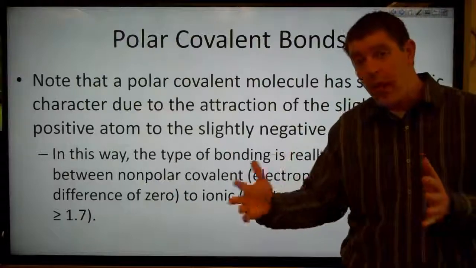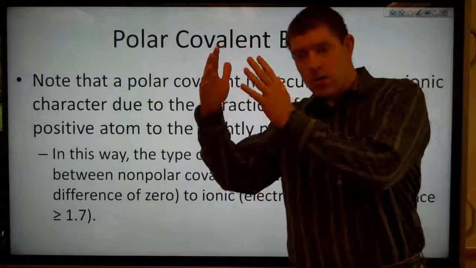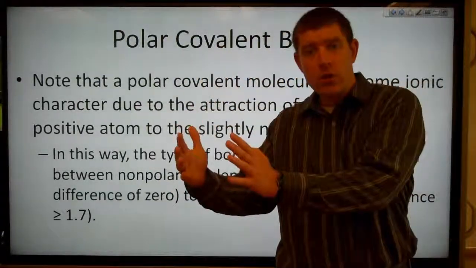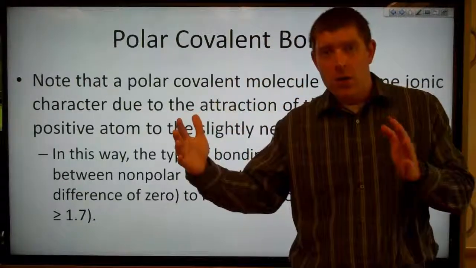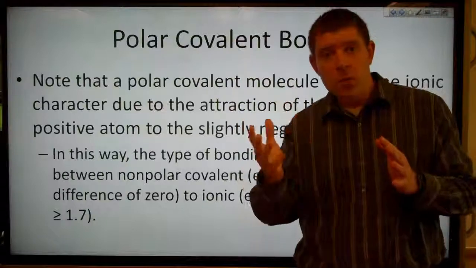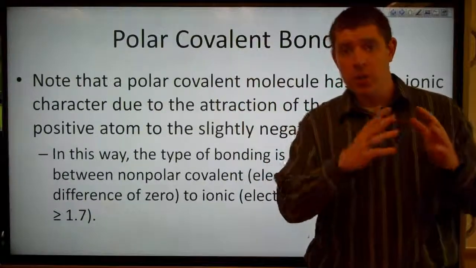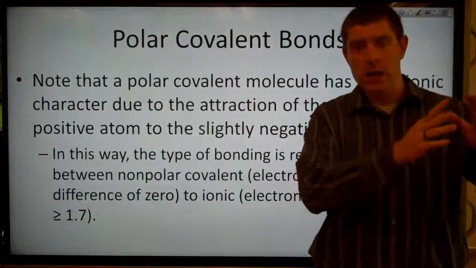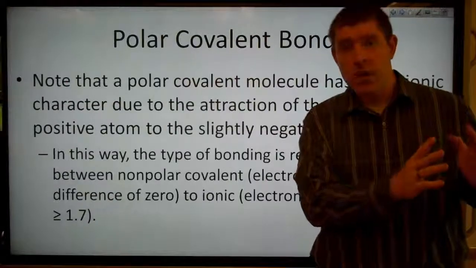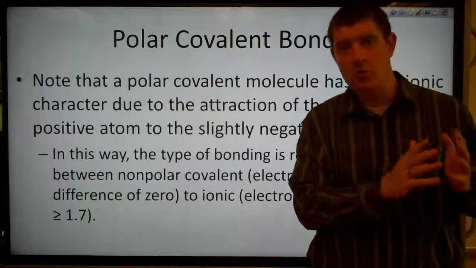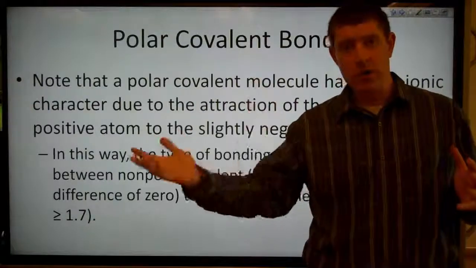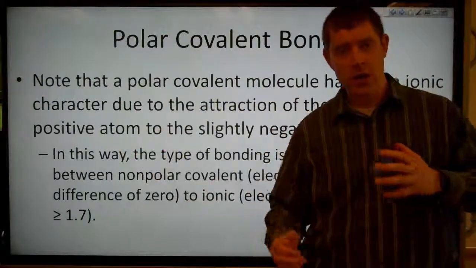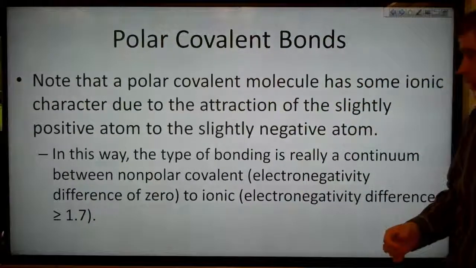So really what we have is bonds where the electrons are totally equally shared, and a gradient through unequal sharing, more unequal sharing, really unequal sharing, and then not sharing at all. One of the atoms is strong enough to just totally strip the electron away, and now we have two ions, where one of the atoms has lost an electron and the other atom has gained an electron.